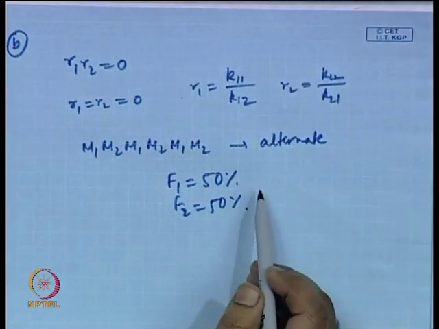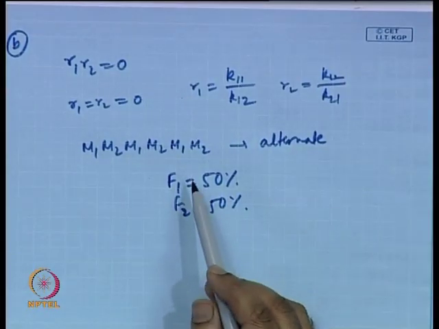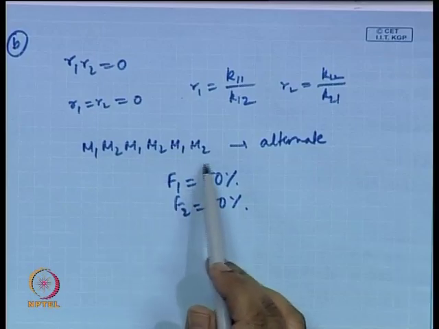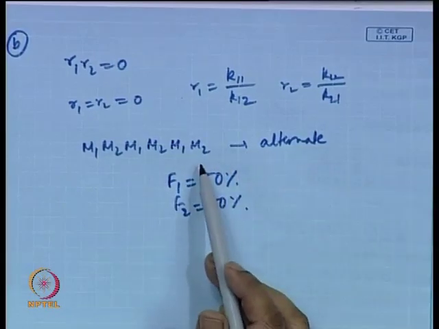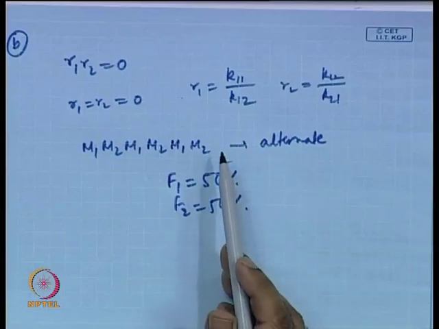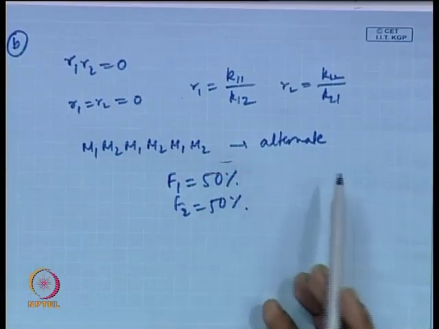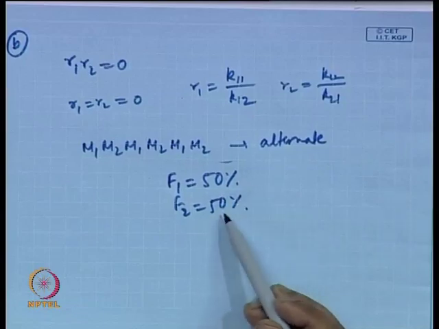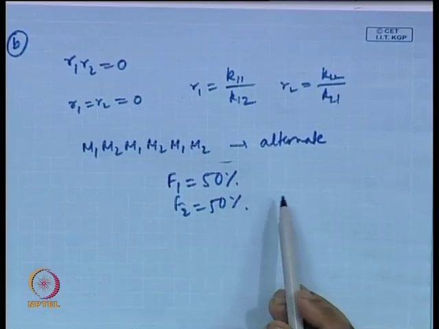As long as there is one monomer left, the reaction will continue, and once one of the monomers gets consumed, the reaction will stop there, because the second monomer, even if it is present in the reaction medium, cannot participate in homopolymerization. So, the reaction will not proceed further.